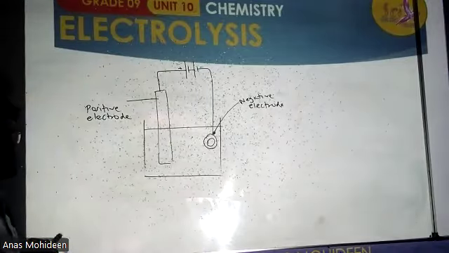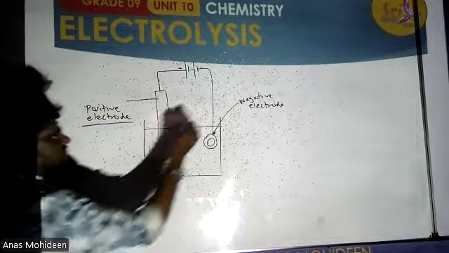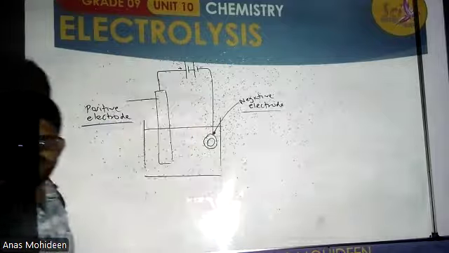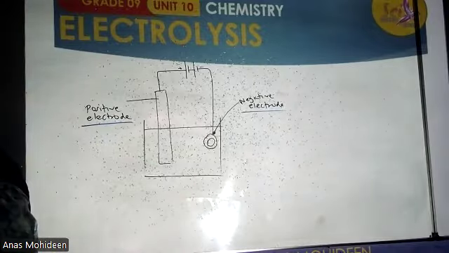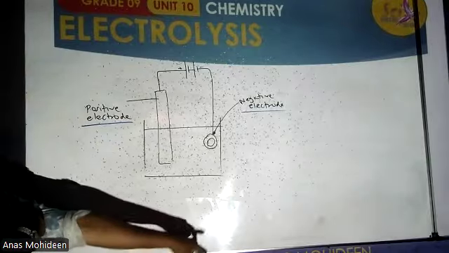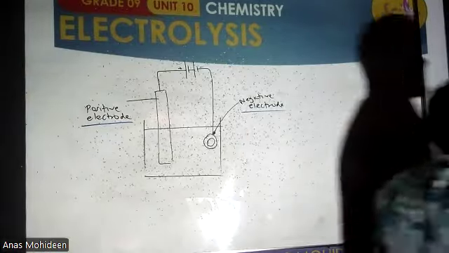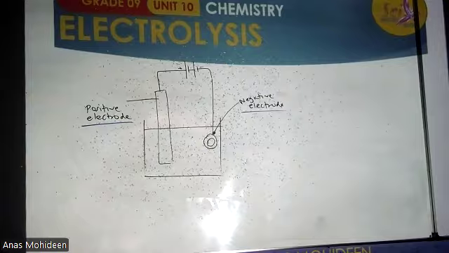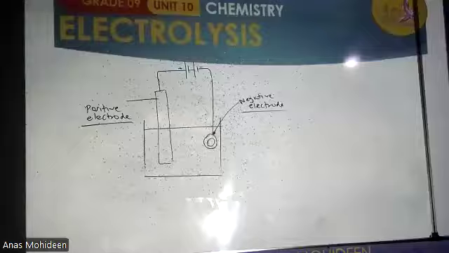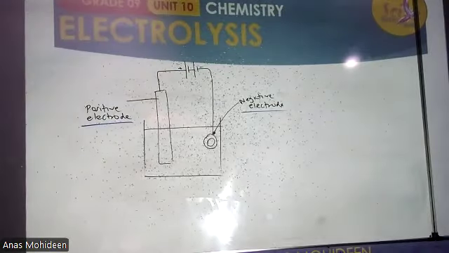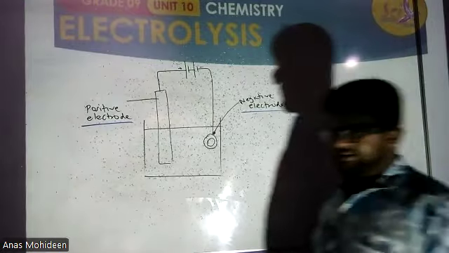Now you see whom we use. Look at this. We wrote earlier. Can you read what is given at the positive electrode? The metal that should be plated.